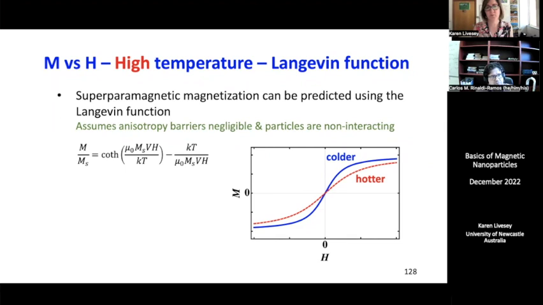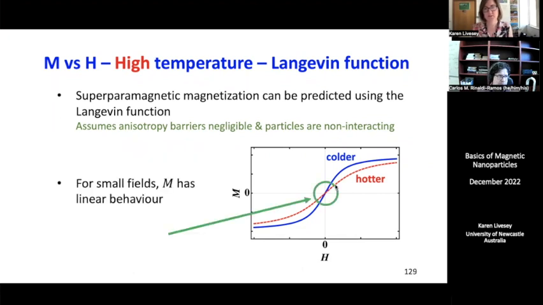So this Langevin function predicts these S-shaped curves. Now, this S-shaped curve can be a little bit cumbersome to deal with, but if we look close to the origin, we can notice that the magnetization has approximately a linear behavior with field. And we like lines in science because we can fit to them very easily and extract information easily. In that region, the Langevin function can be approximated very well by this simple expression.